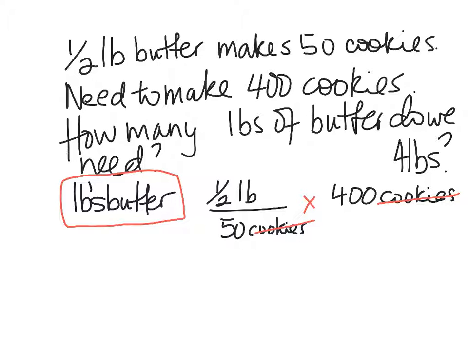So you've got 0.5 times 400 divided by 50. 5 goes into 40 8 times, and a half of 8 is 4. 4 pounds of butter.